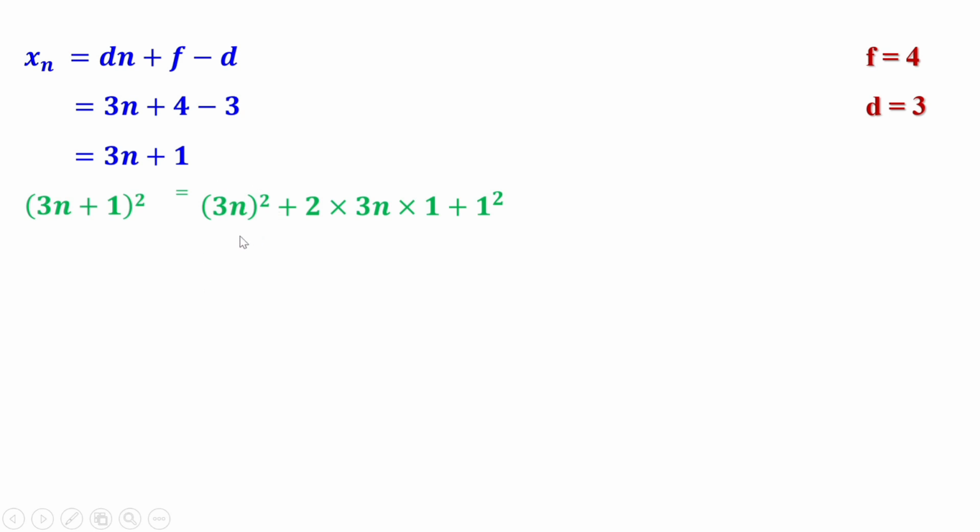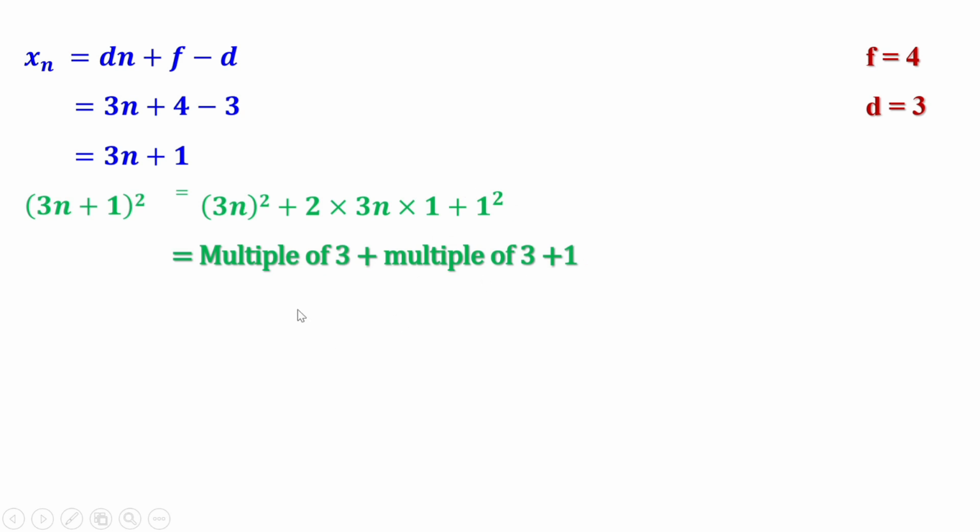Now we know 3 is a multiple of 3, so 3n is again a multiple of 3. So (3n) squared is also a multiple of 3. The first term is a multiple of 3. Now what about 2 into 3n into 1? It is also a multiple of 3. What about 1 squared? It is 1, not a multiple of 3. So the first term is a multiple of 3, the second term is also a multiple of 3, and the third term is 1.